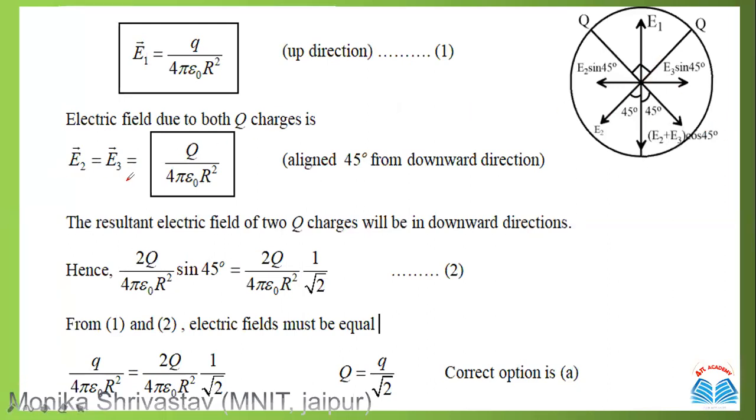So E2 and E3 both have the same electric field. So we can calculate here and we will apply this sine theta and we can solve. So we will get Q equals small q over root 2. This is the use of Coulomb's law. So this is an easy question and I know you guys can do it.